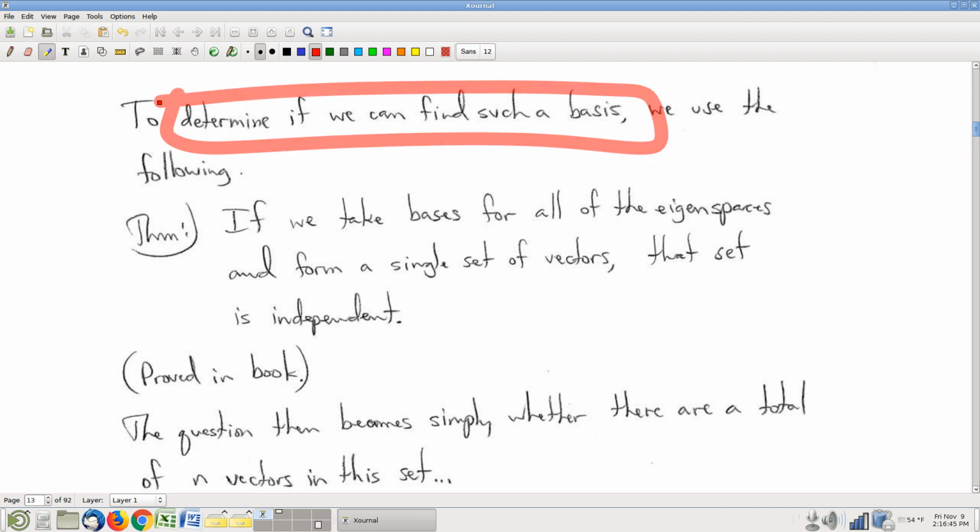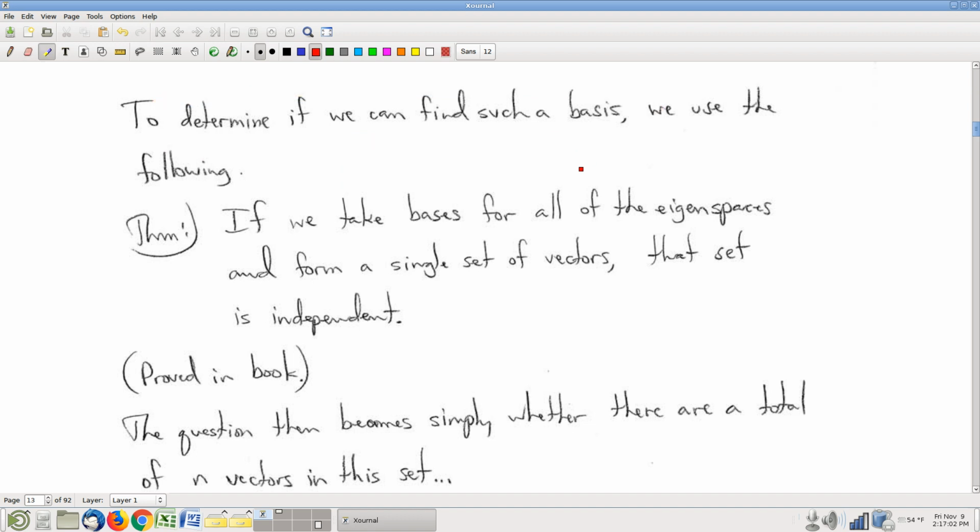So, how do you tell if you can find such a basis? We know diagonalizability is synonymous with there being a basis of Rn consisting of just eigenvectors. Well, how do you know if there is a basis for Rn consisting of just eigenvectors? We have to have enough eigenvectors. There's also the question of independence.